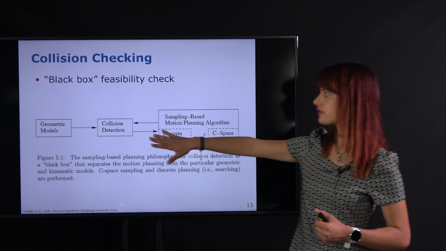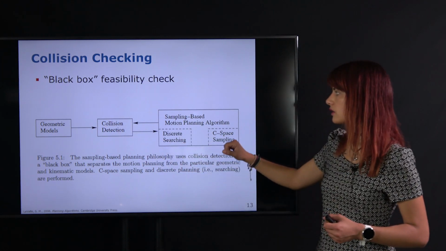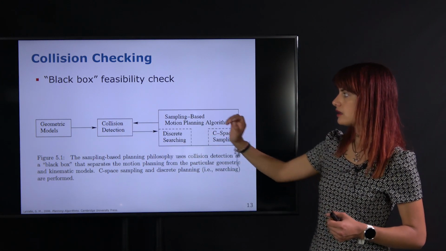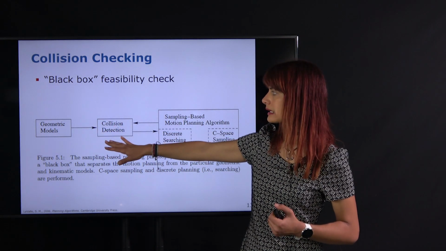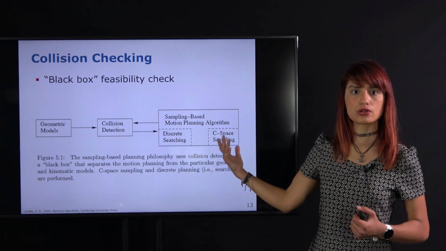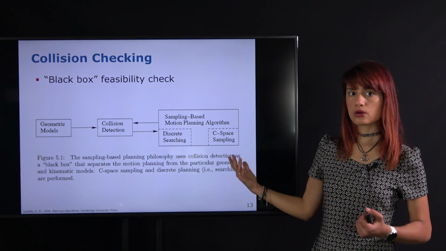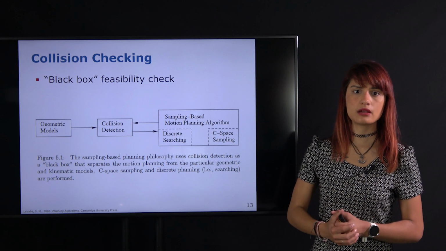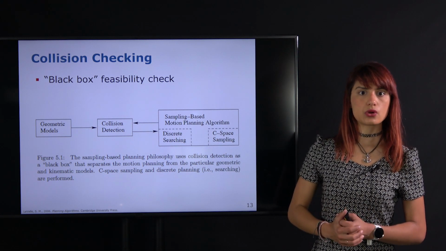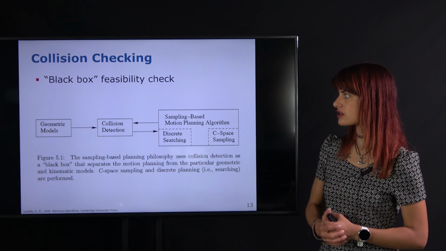This is a sort of black box where the algorithm asks, are the two samples in collision? And then we get an answer, whether yes or no. And if they are without collisions, then we can form an edge connecting them and add this to our roadmap of current configurations.